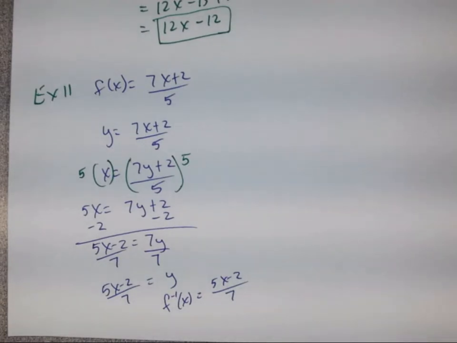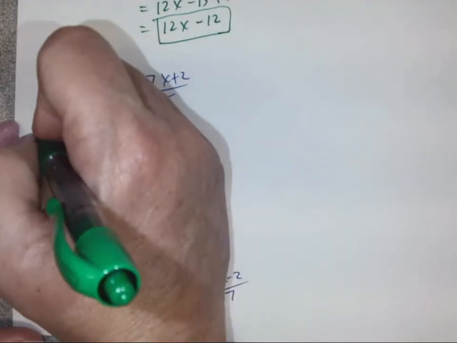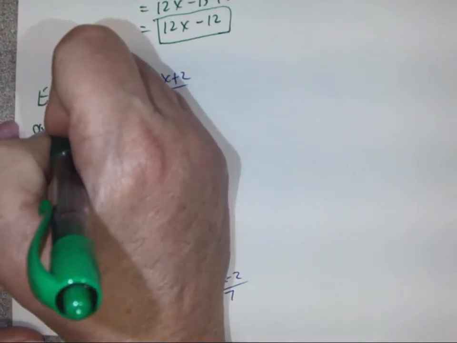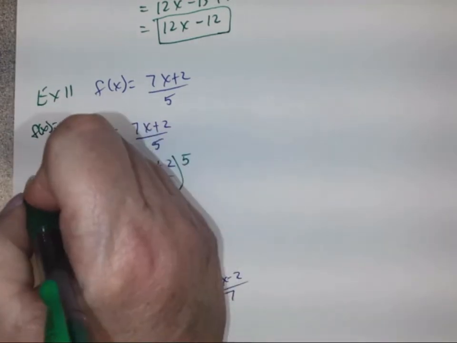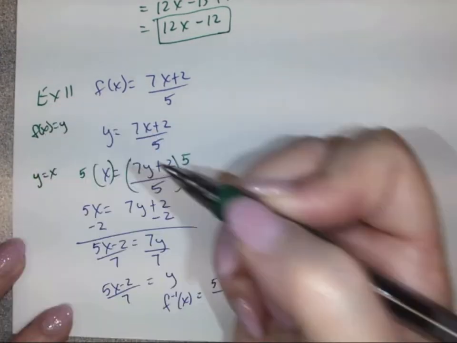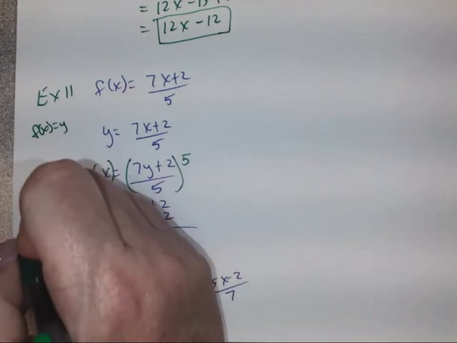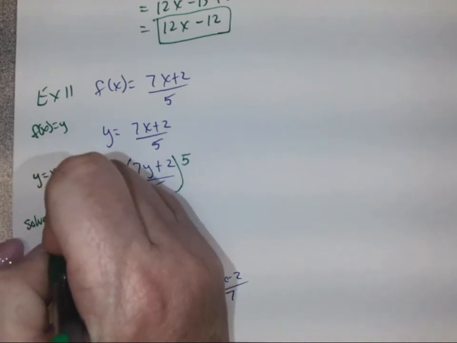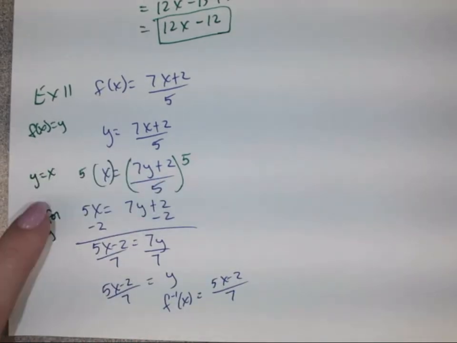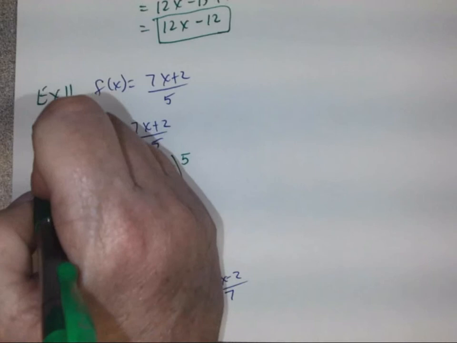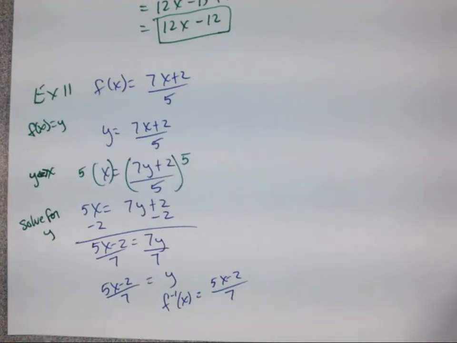It's all about y. Remember the steps. First thing, f of x equals y. Second thing, swap the x and y.